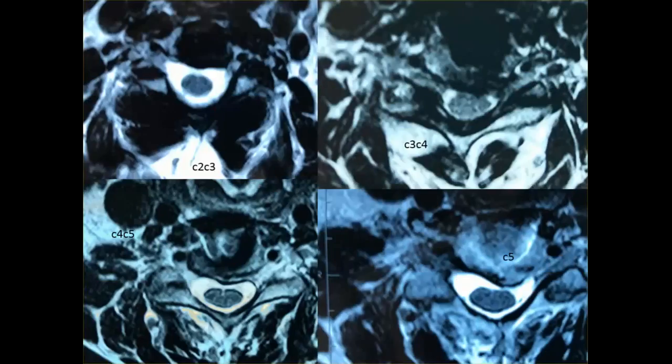And here are the axial cuts. Show everyone the spinal cord at C2, C3. It's got plenty of room. At C3, C4 it's somewhat stenotic. The spinal cord shape is somewhat deformed, more on the left, isn't it? The C4, C5 is solidly fused.